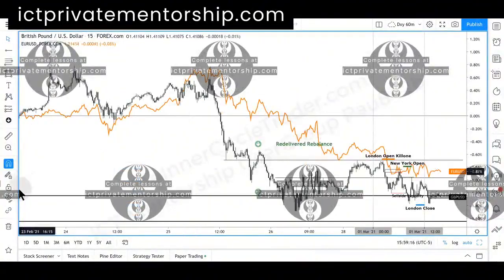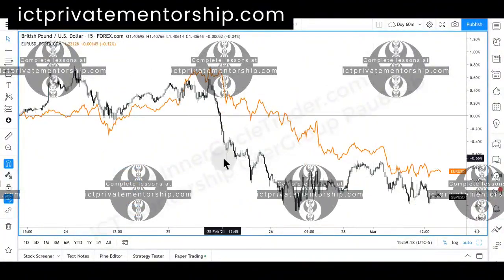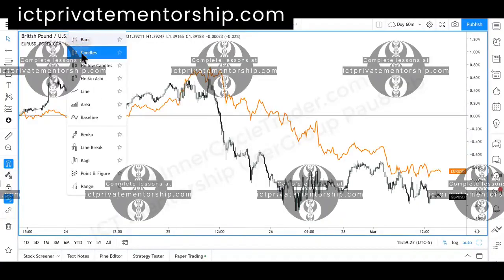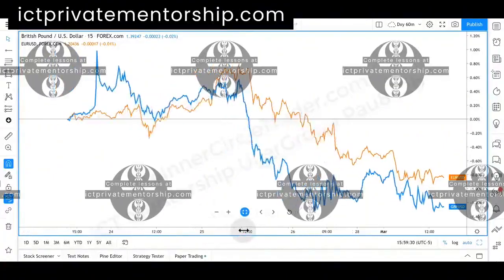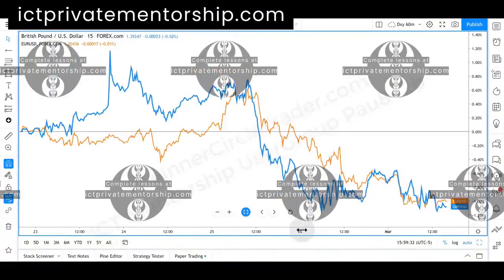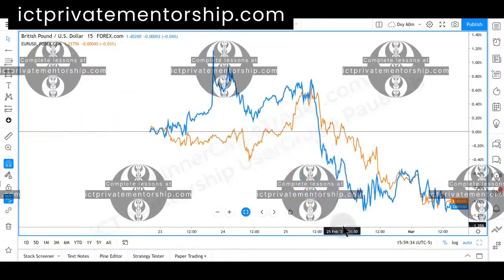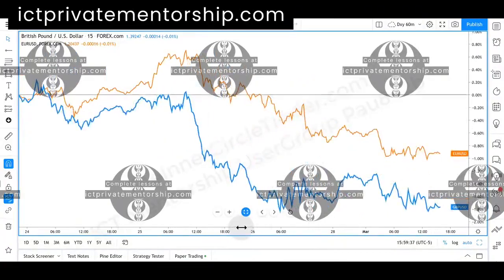And let me take these annotations off. So we have now an overlay of euro dollar with British pound. So you can change British pound price to a line chart too. And scrunch this up a little bit. Not so much.